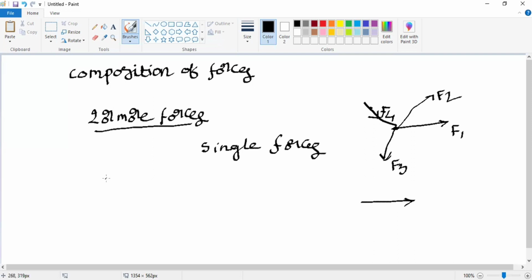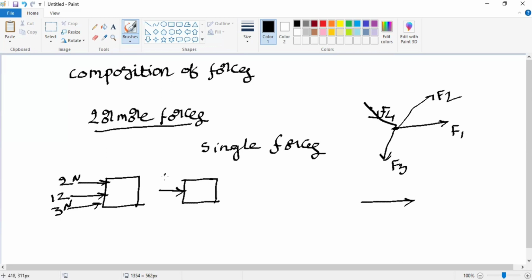For example, I consider one body like this. Initially I applied 2 newtons of force, 12 newtons of force and 3 newtons of force. Three forces are acting on the body. Those three forces can be replaced with a single force: 12 plus 2 is 14, plus 3 is 17.